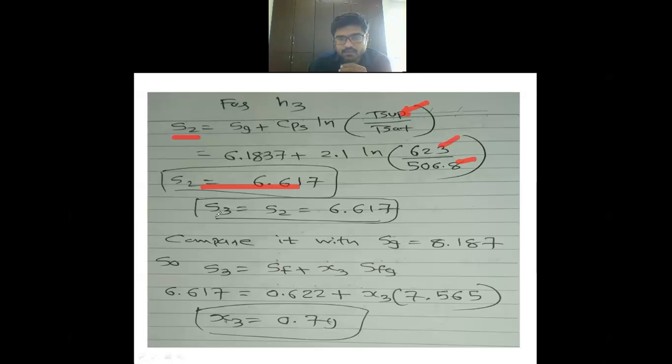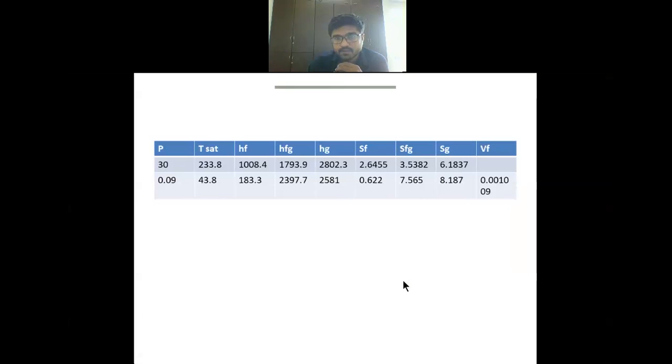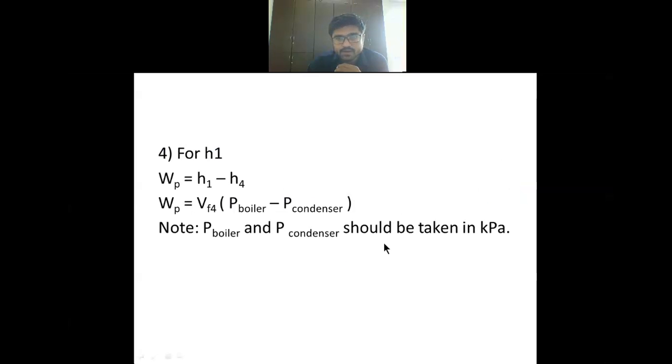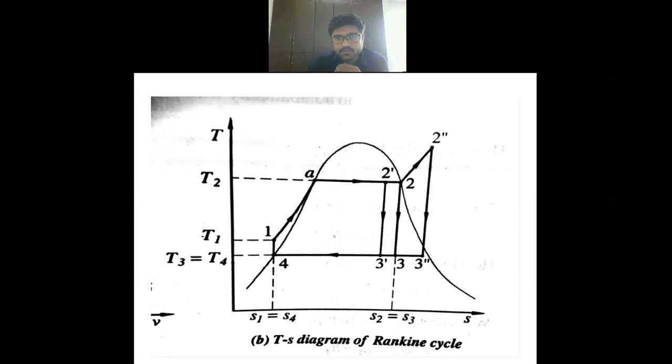Now s3 is equal to s2. Then you have to compare this s3 with the sg at the condenser pressure. So what is the sg at condenser pressure? This is the sg at condenser pressure, and our answer was 6.